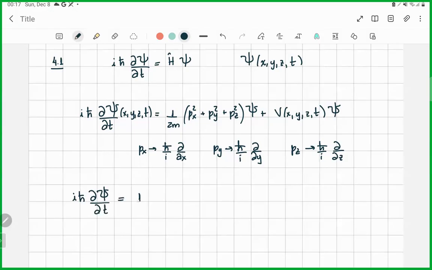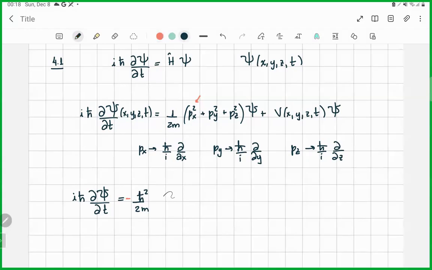Well, h bar squared, the px, py, and pz, they are squared. So we have h bar squared. We have the 2m that was already here, so 2m. Because of this i here, we are going to get a minus sign because of the i squared.